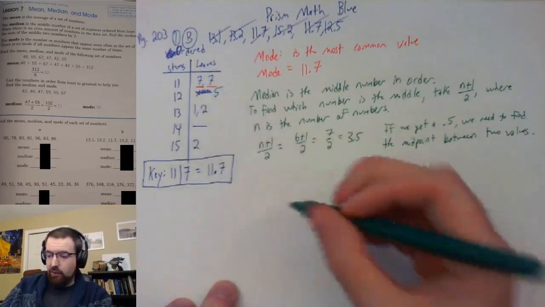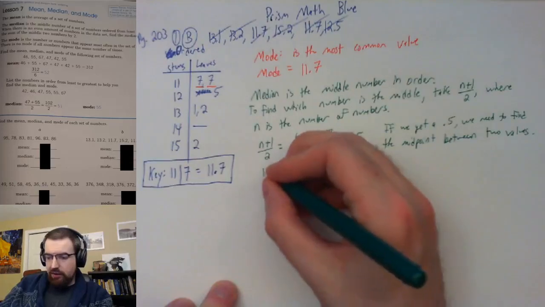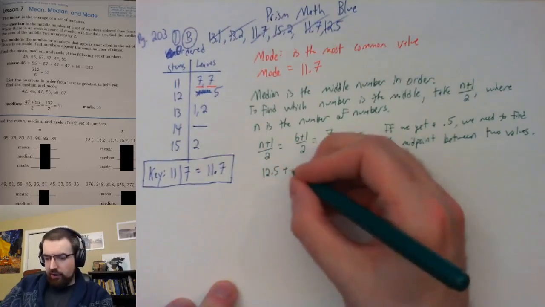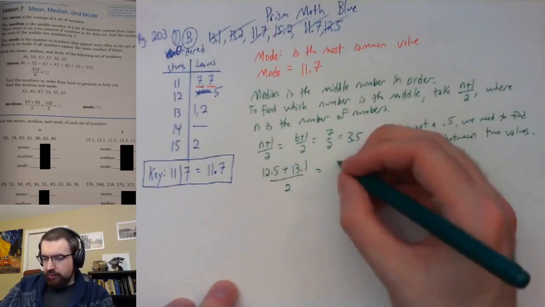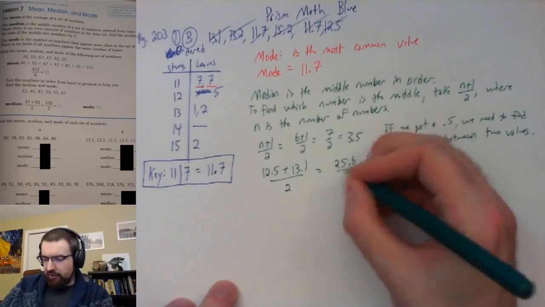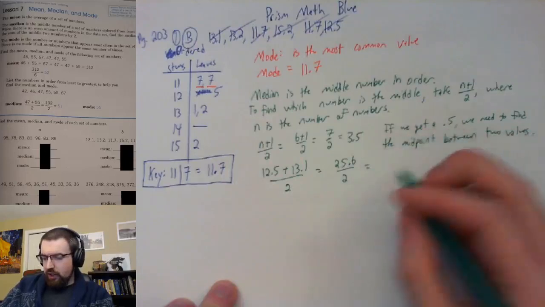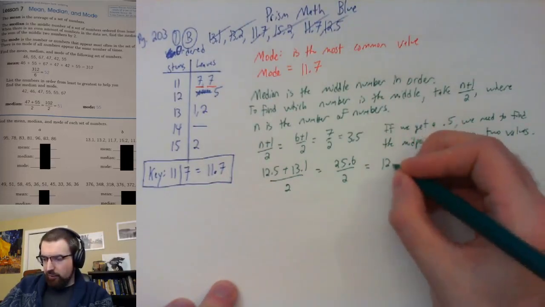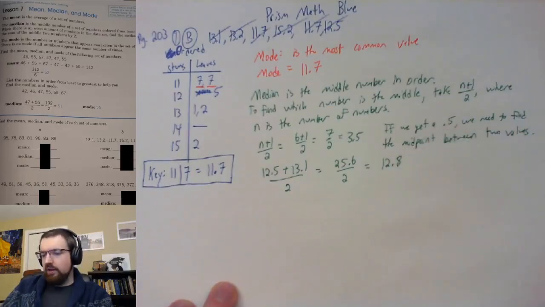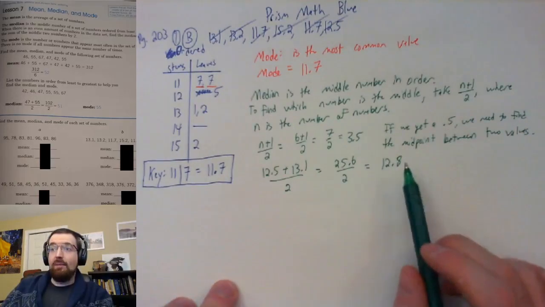Well, we're taking the third and the fourth one. So what we're going to need here is actually 12.5 plus 13.1 over 2, which is going to give us 25.6 over 2, which is going to give us half of 25 is 12.5, half of 6 is 0.3, so that's 12.8.